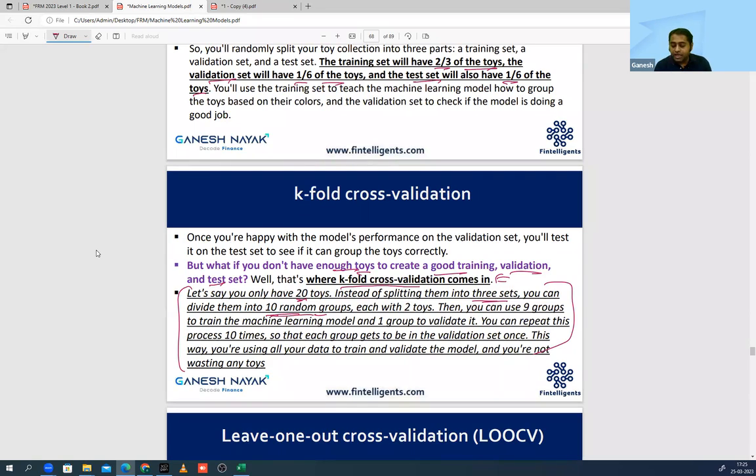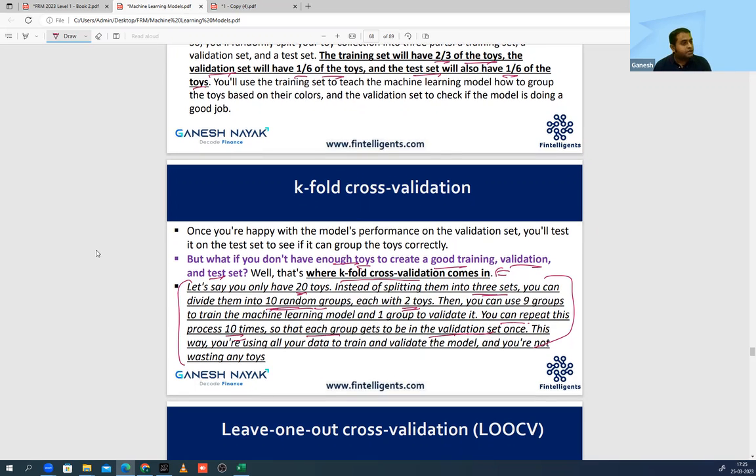So if your K is 10, then each group will have 2 toys. बराबर? Out of the 10 groups, you will take 9 groups as training, and 1 group is left for testing. And you will repeat this process 10 times, so that each group can be used in the validation process. Same जो मैंने किया वही हो रहा है. Right?